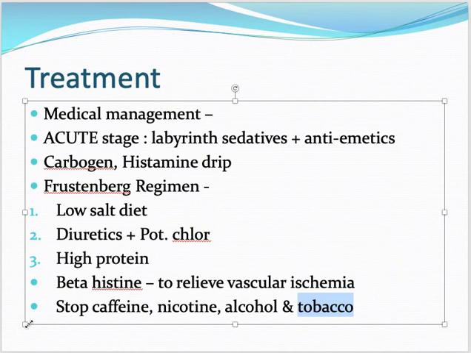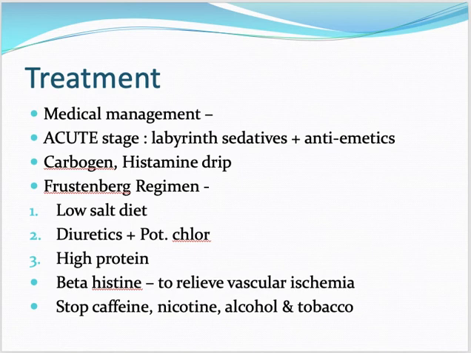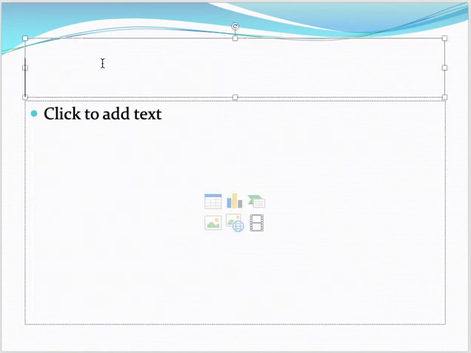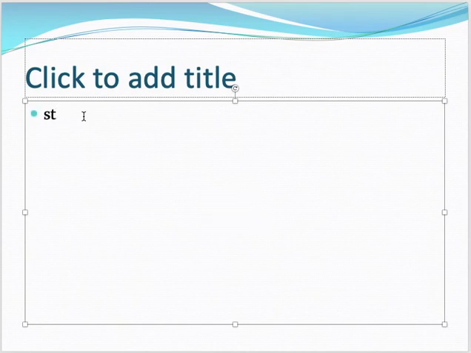we put them on vestibular sedatives. So I can add a slide over here. What are vestibular sedatives? Again, I told you one of the drug names is Stamatil, which contains prochlorperazine. This is a very important thing which we can do.